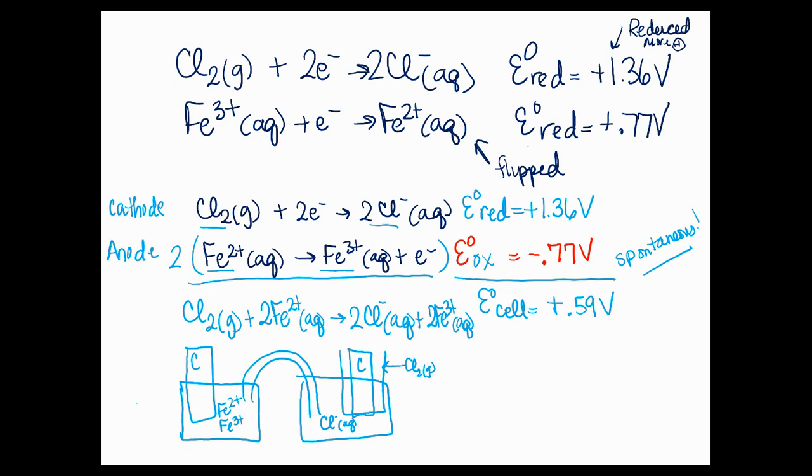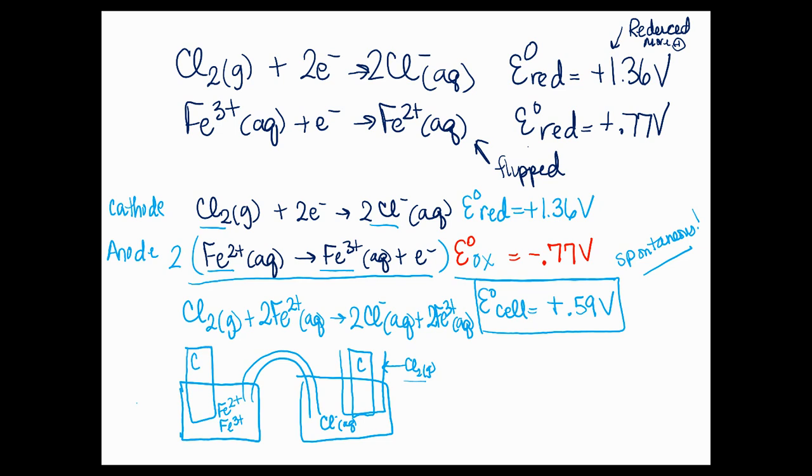But anyways, you get the point here that you need the gas to come in, be pumped in, you need the inert electrode, and then that's in contact with that solution. Okay, and that cell has a positive voltage because when E of cell is positive, it's spontaneous.